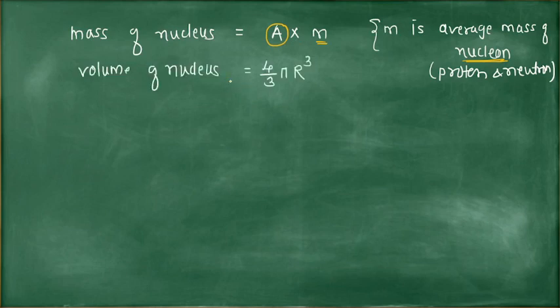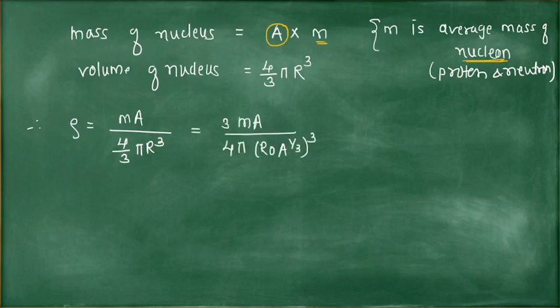Volume of nucleus, as we have just seen, because it is spherical, is 4 by 3 pi R cube. Take the ratio: mA upon 4 by 3 pi R cube. Substitute the equation of R as R0 A raised to 1 by 3. There is a cube, so the cube is there.